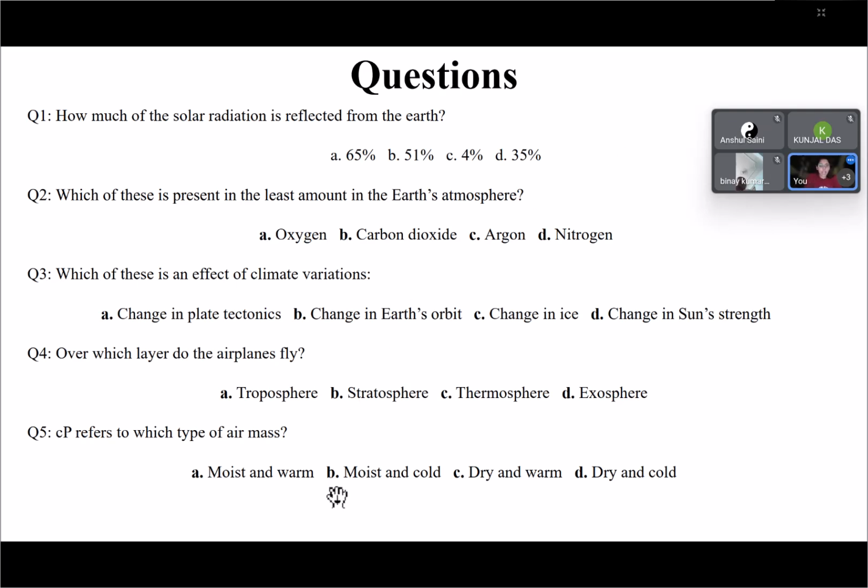If you just quickly go over the questions, they're all questions that are already discussed in this brief summary that I have provided. The first question is something that I didn't touch upon when I started, but it was the first thing that we had looked at: our Earth gets its temperature, its heat, from the sunlight, but not all of the sunlight is retained.